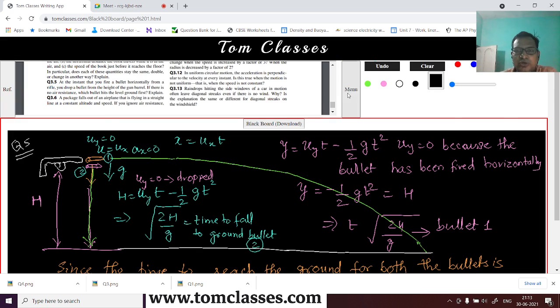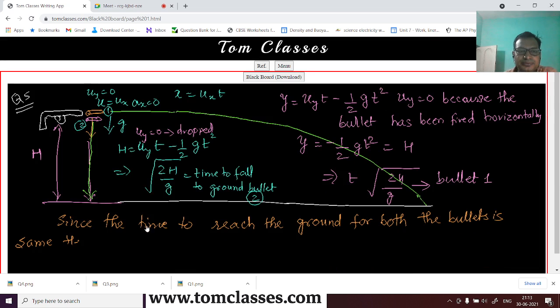Both the bullets are going to hit at the same time, right? Same. Hence both the bullets strike the ground at the same time.